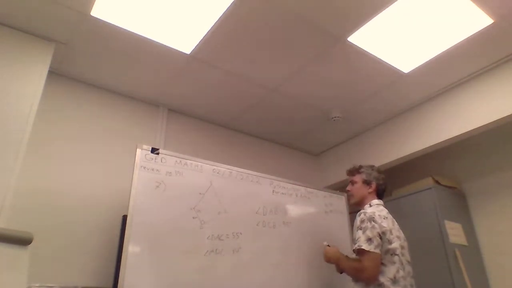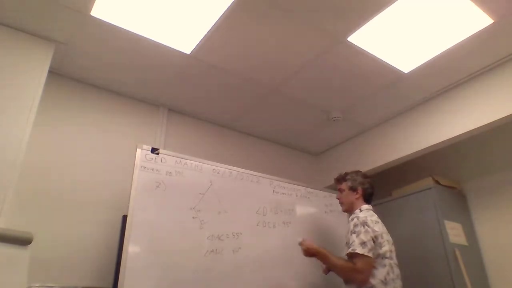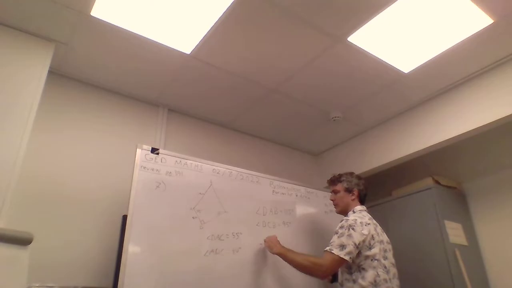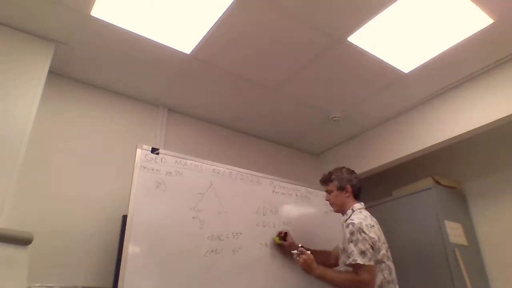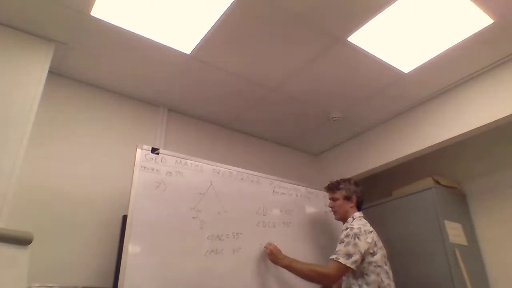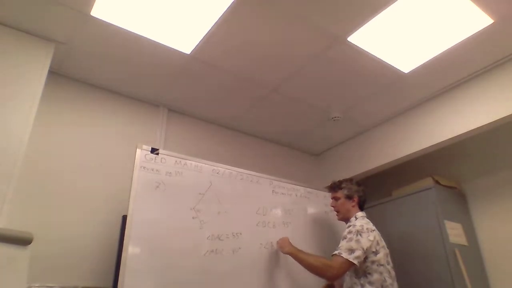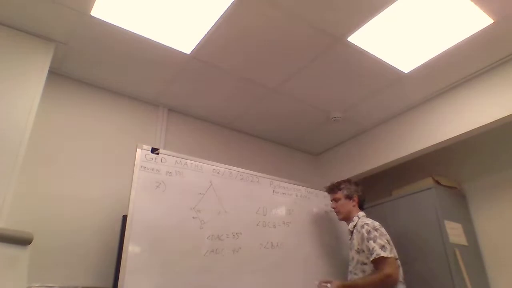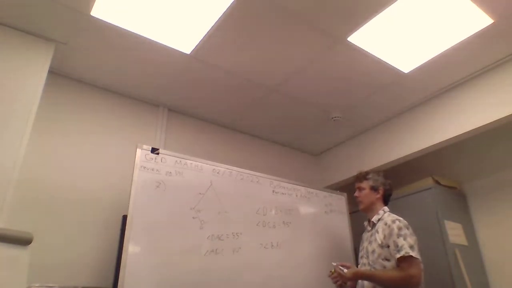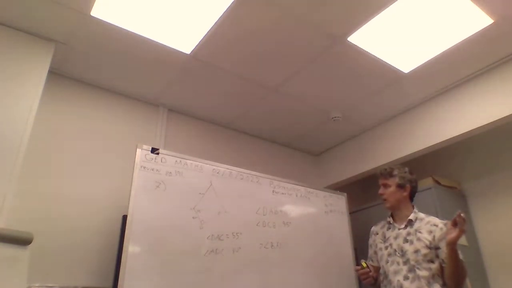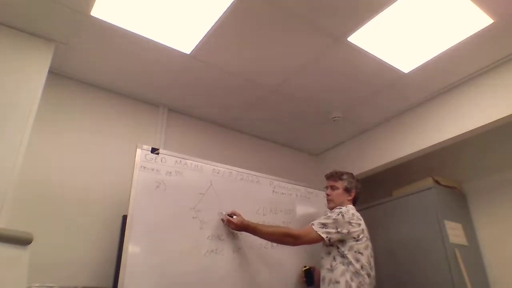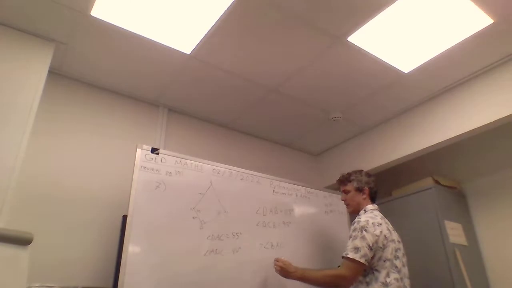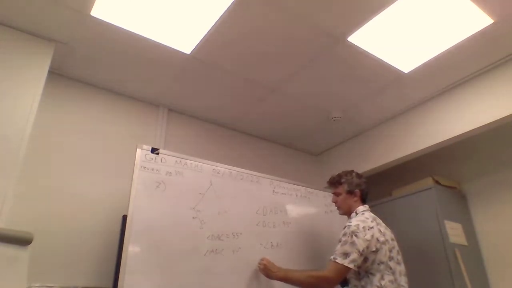So that means we should try to find what is angle BAC. Right? We want this angle here. So if angle BAC, this one's 35 here. This one, we know 55.